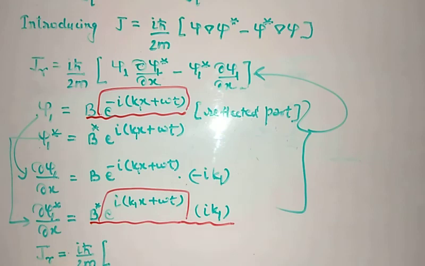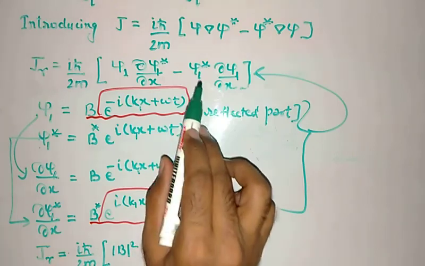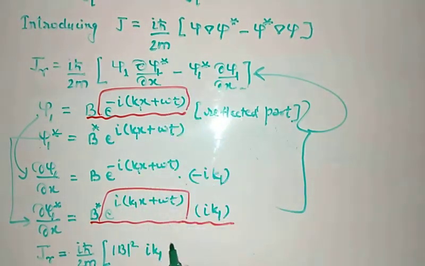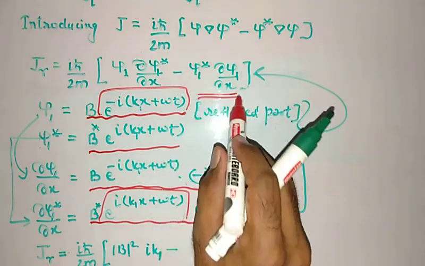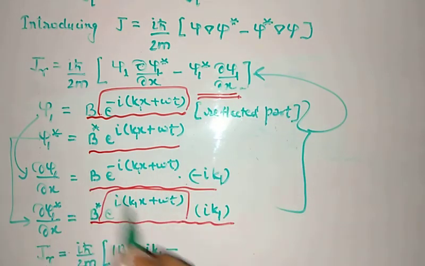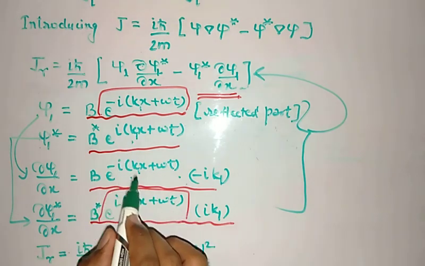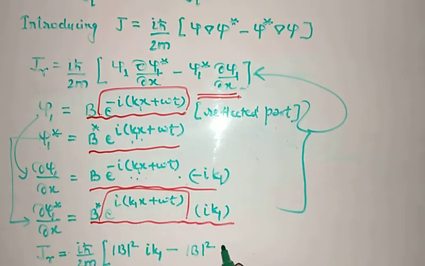So we get b b star, that is mod b square, and I k1. Now minus for psi 1 star, the product for this term gives mod b square. Again this exponential will be 1 and the remaining is minus I k1.